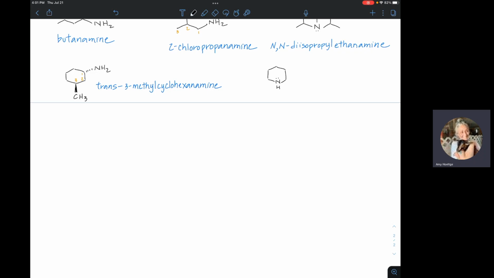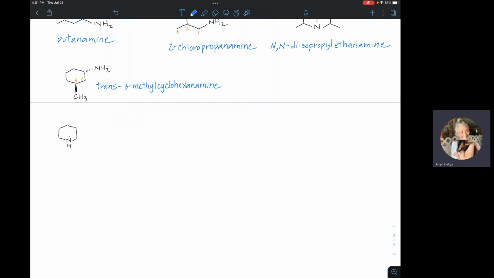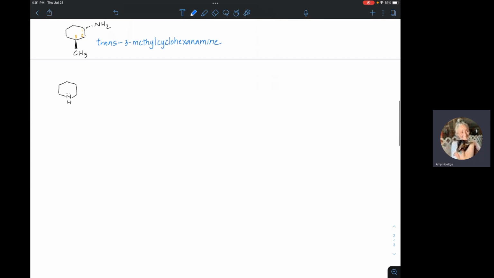So we have a couple of different ways, of course, to name these. Let me pull this down and give it its own little space here. With common nomenclature, we have special names for these. Honestly, there are very few things in organic chemistry that need to be memorized. These little common names are usually it, and the functional groups.